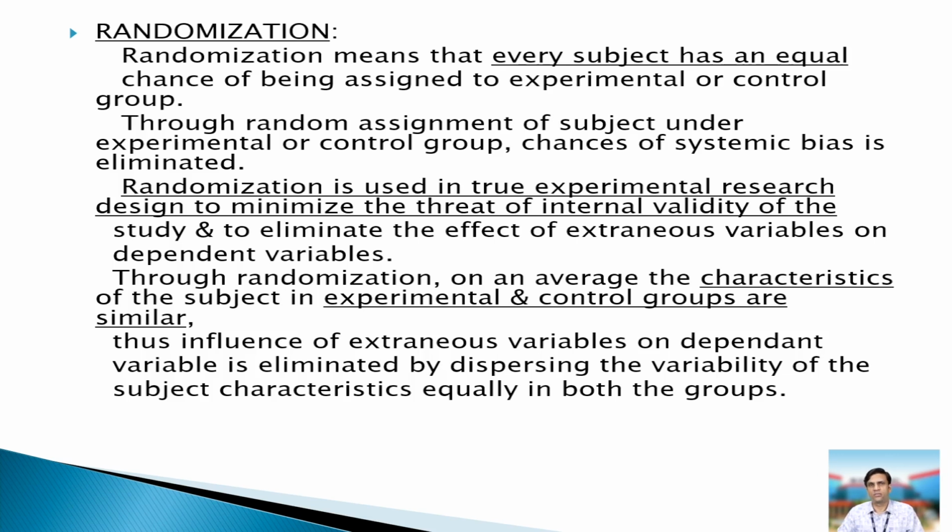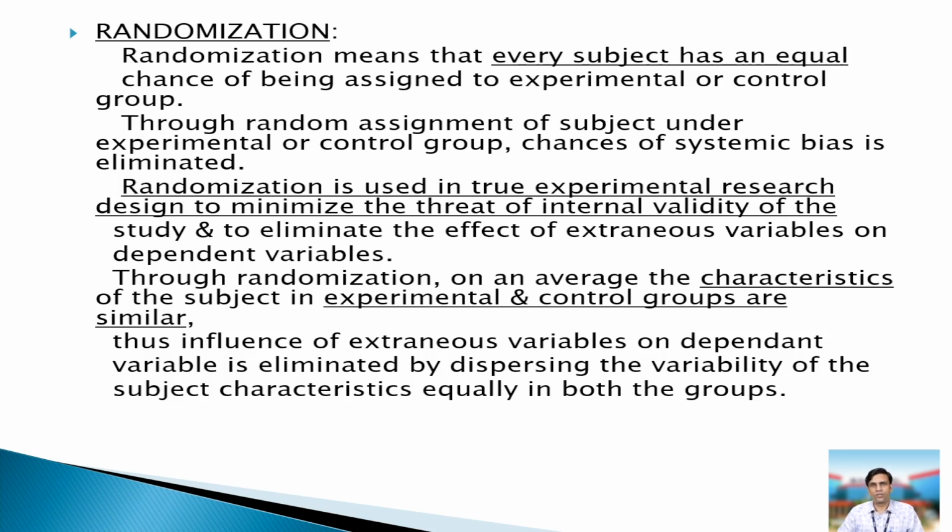As we have already discussed, it is a mandatory aspect to avoid the effect of extraneous variables in true experimental research designs. So randomization is one of the great ways to avoid the effect of extraneous variables on the research study. Through randomization, on average, the characteristics of the subjects in experimental and control groups are similar.